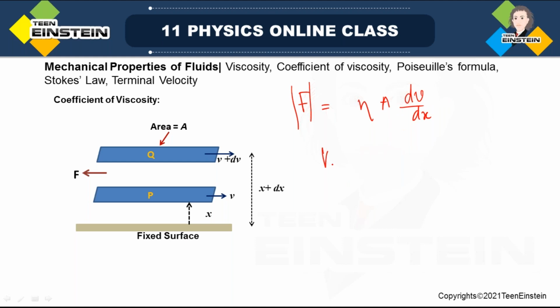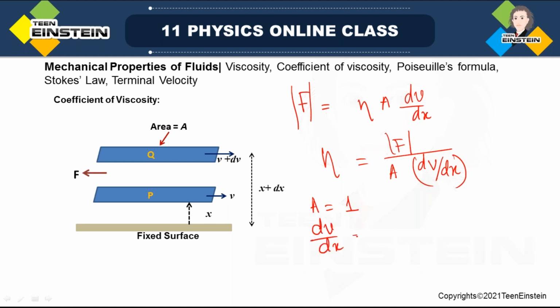Now if we want to get eta, then this is the force of viscosity divided by A into dv/dx. If the area is unity and the velocity gradient is also unity, then the magnitude of the viscous force will be the measure of the coefficient of viscosity.